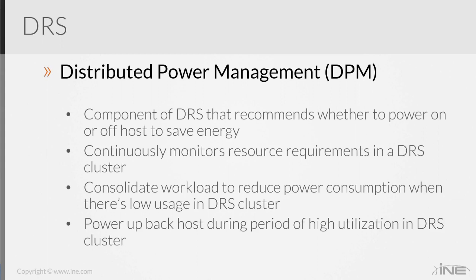DPM would compute the VM workload and place hosts in standby mode if there is a low workload. It would power on the host in the cluster to facilitate the workload should it increase. We can also set DPM to just make recommendations for us and not really implement any of those recommendations.